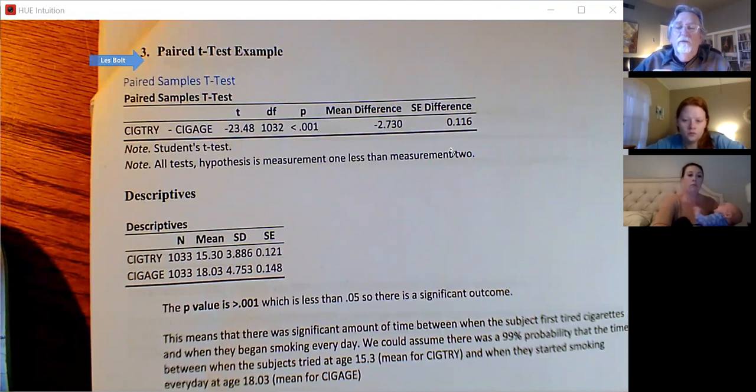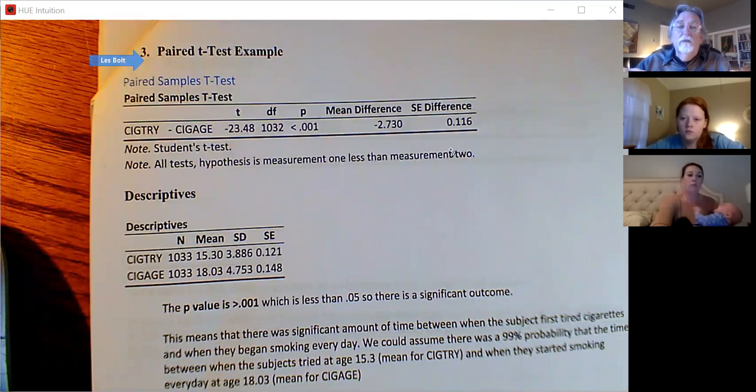Now, even though those are 2 different variables, we can look at variables like that because we want to know, is there a significant difference there? Or did they relatively start smoking pretty soon after they tried?